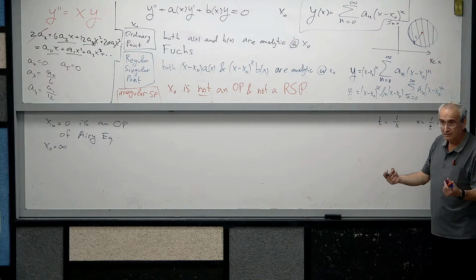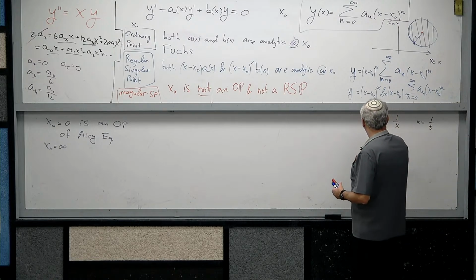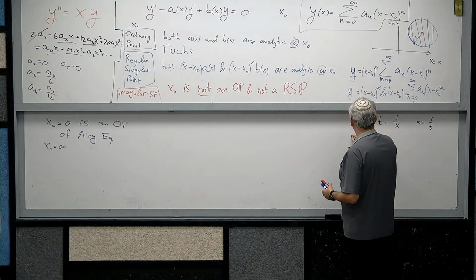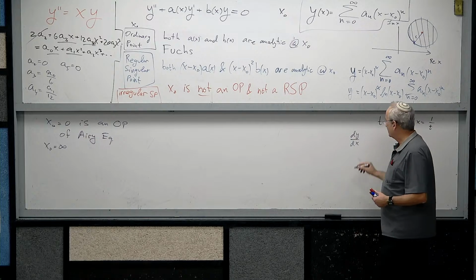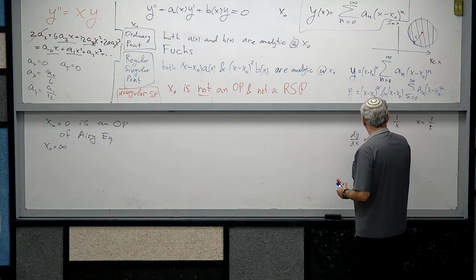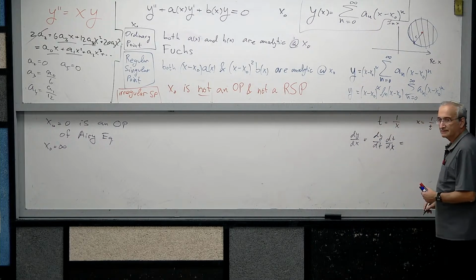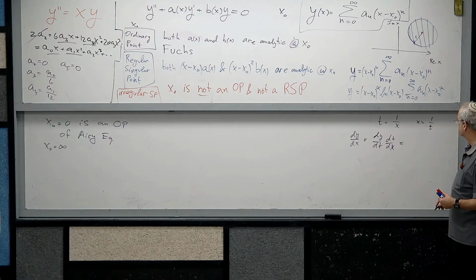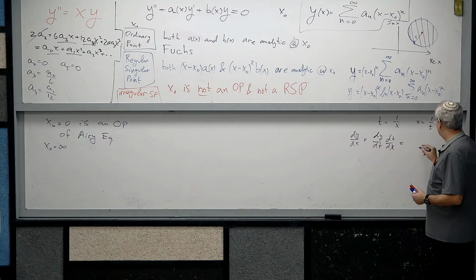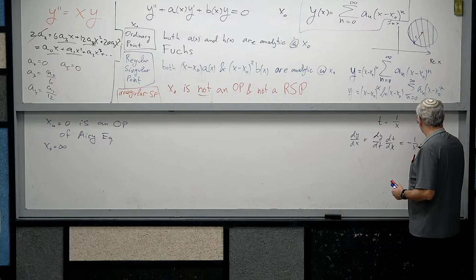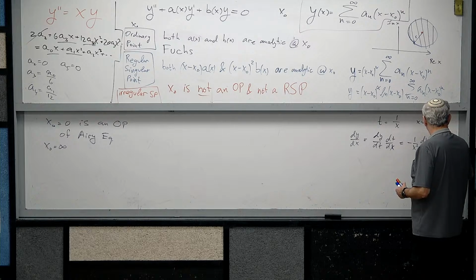You see? So for example, if I'm asking what is dy/dx, by the chain rule it is dy/dt times dt/dx. And what is dt/dx? Minus 1 over x squared, which is minus t squared. So dy/dx is minus t squared dy/dt.